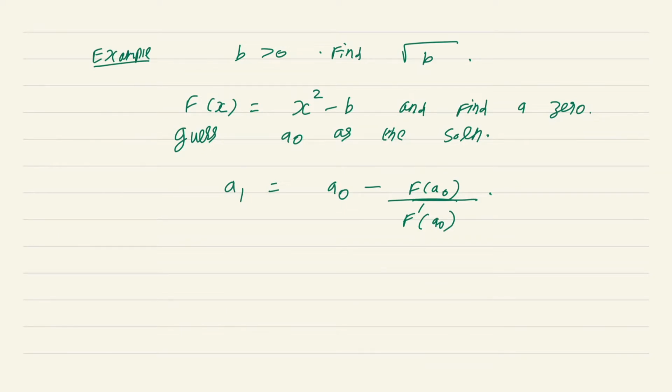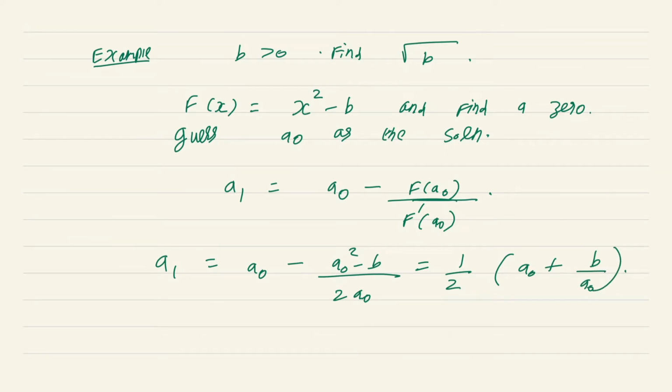Okay. Now, we have the expression f to be x squared minus b. So, if you just substitute everything here, you get a1 is equal to a naught minus (a naught squared minus b) by 2a naught, which is just half of (a naught plus b by a naught).